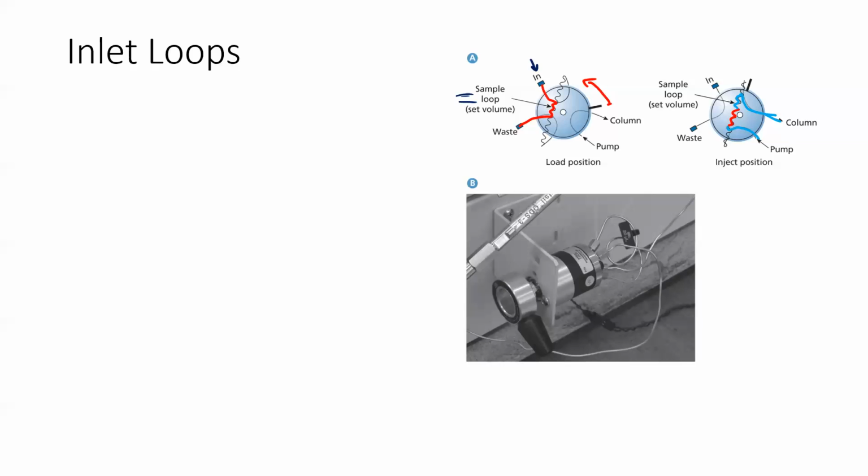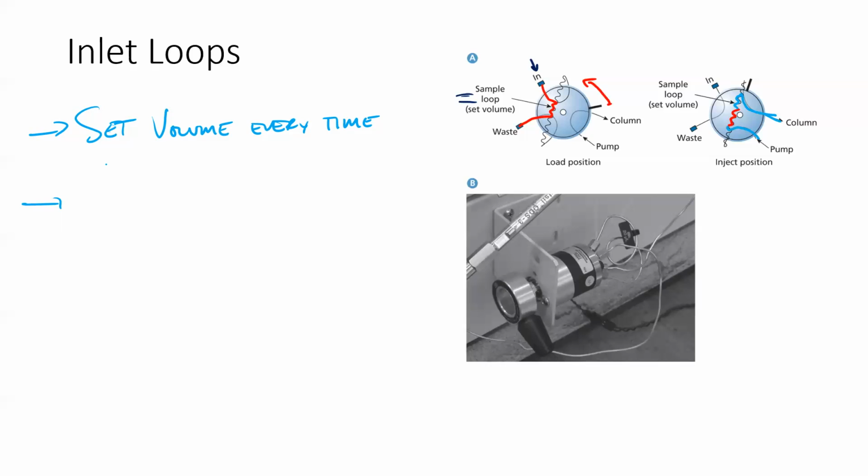Okay. And so why do we do this, right? We get a set volume every time. If we do it this way, then we're reducing the amount of diffusion that takes place during the injection.